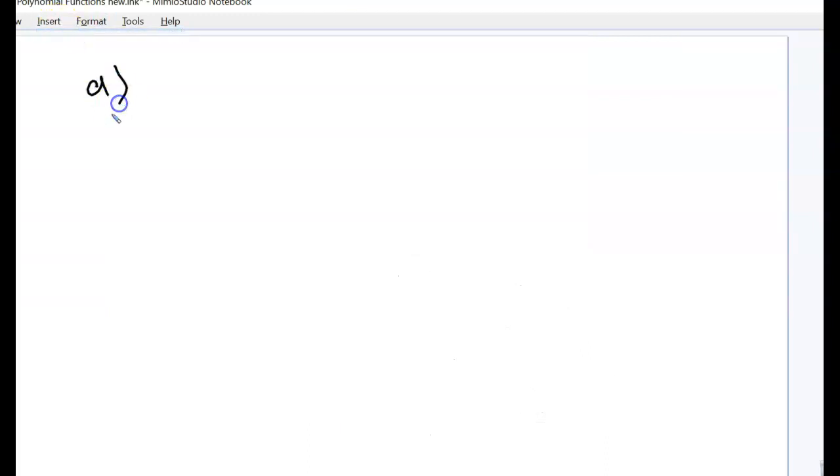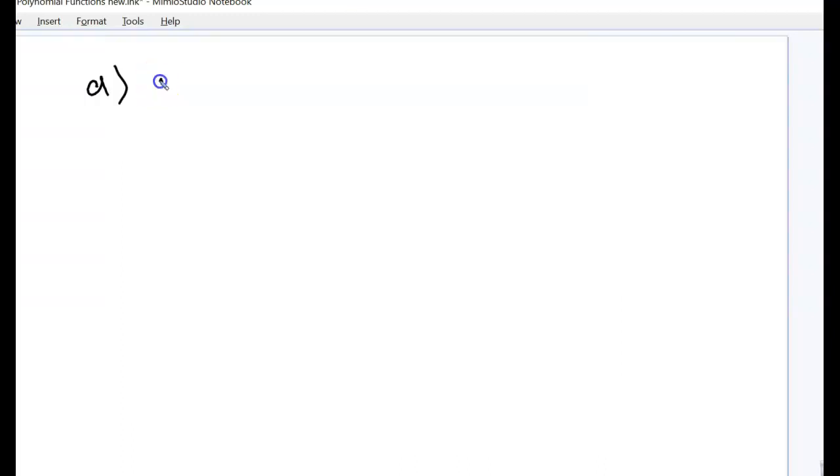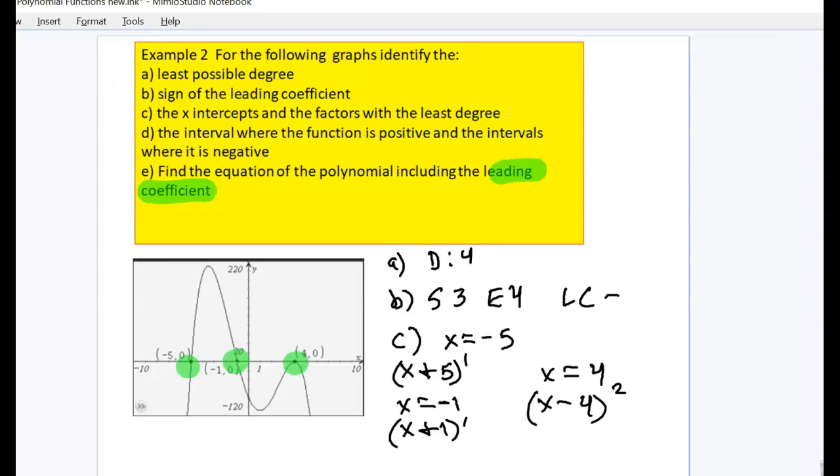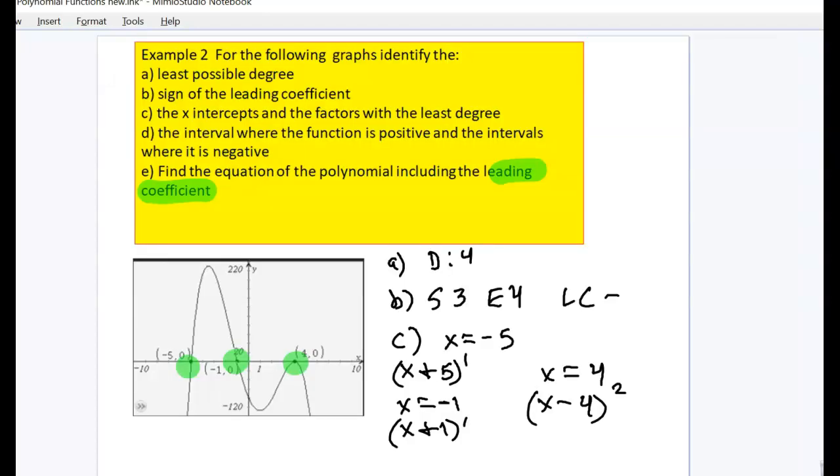So for part D, they want to figure out where the graph function is positive and where the function is negative. Well, it's positive when the graph's above the x-axis, so from negative 5 to negative 1. So negative 5 less than x less than negative 1. And where is it negative?